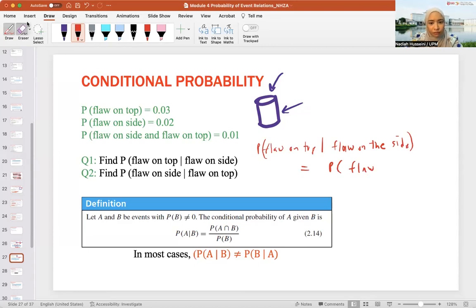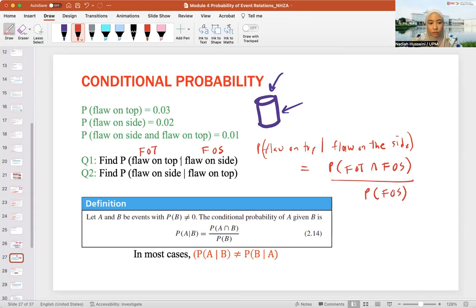Let's just call it FOT, and FOS for flaw on side, that's going to make my life easy. So FOT intersect with FOS over probability of B, which is the flaw on side, FOS.